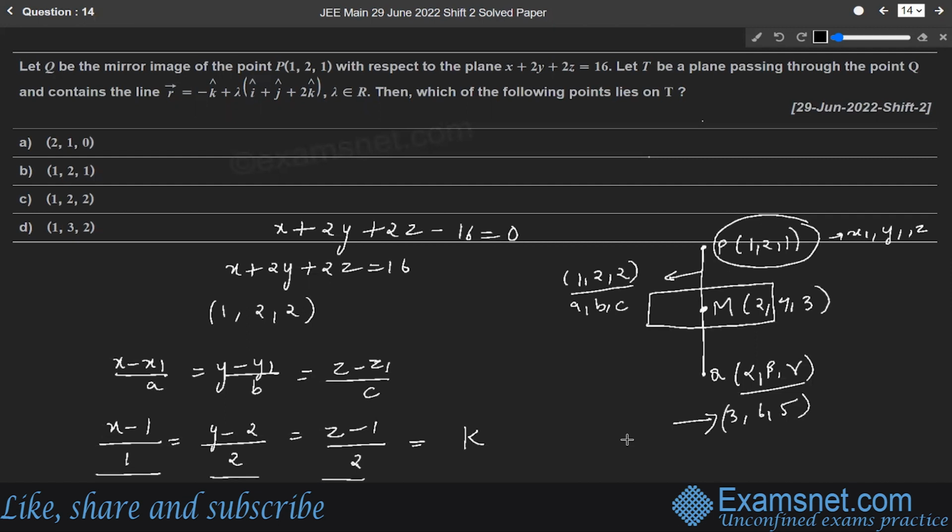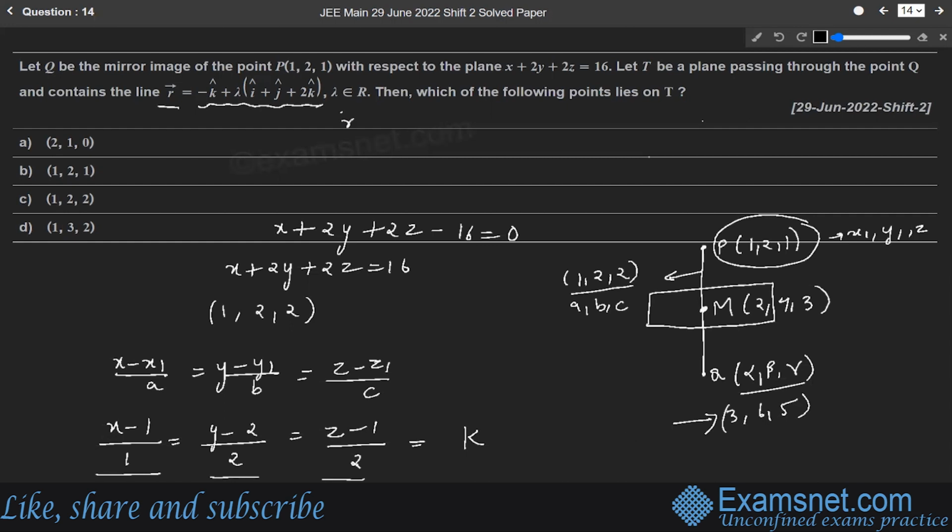And T also contains the line which is r vector. All right, then it means that there is a common point which is on the plane and it is on the line also, right? So to find the equation of plane T, we need three different things. Firstly, we need the coordinates of Q. Then we need the coordinates of all the vectors that are present in this equation of line.